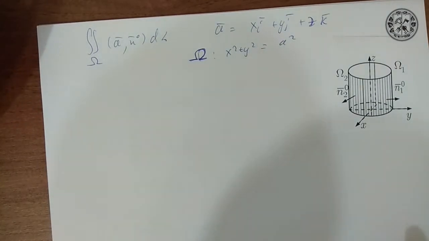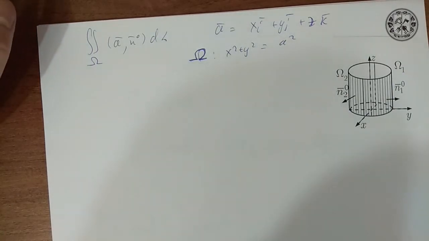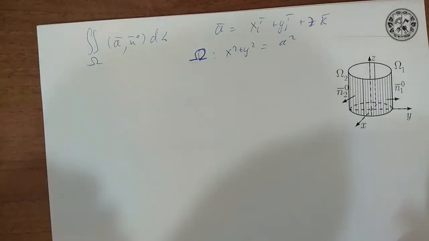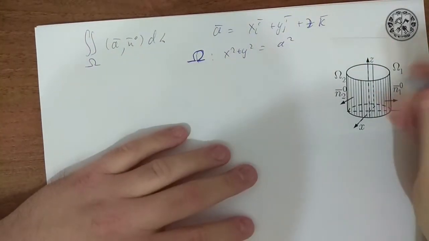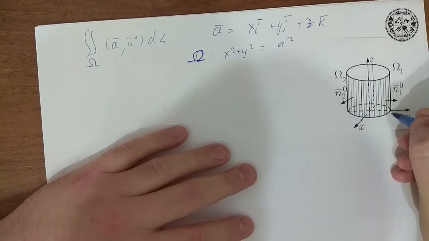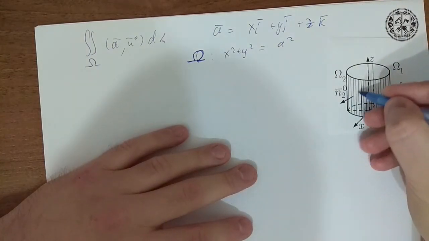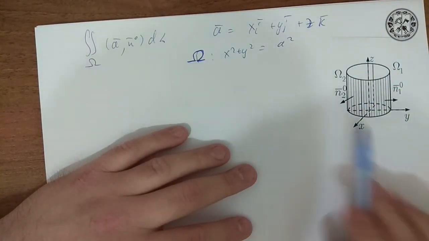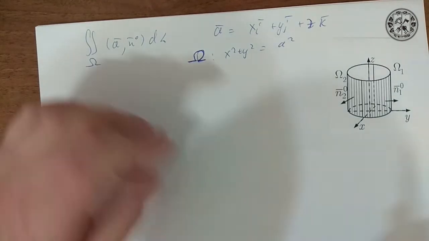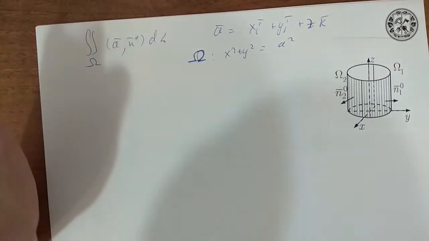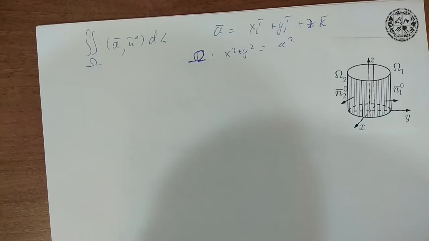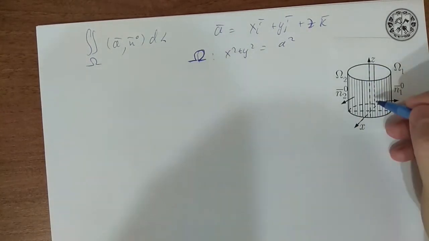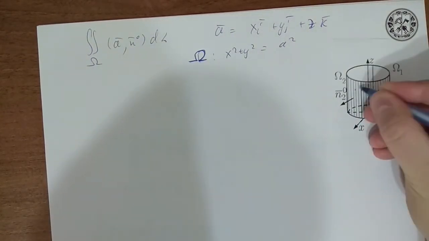Now, as in the previous case, we cannot project this surface onto one plane explicitly. Why? Because if we try to project everything on OXY, we will get a lot of points projecting onto the same point. But if we project everything, for example, on ZX, we'll have only 2 points projecting into the same point.